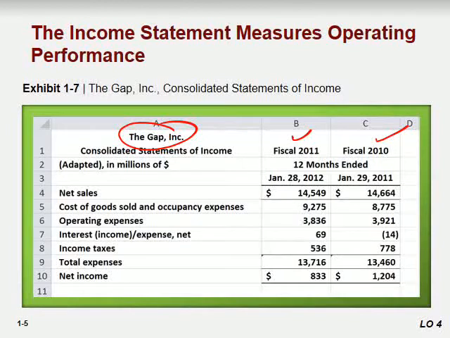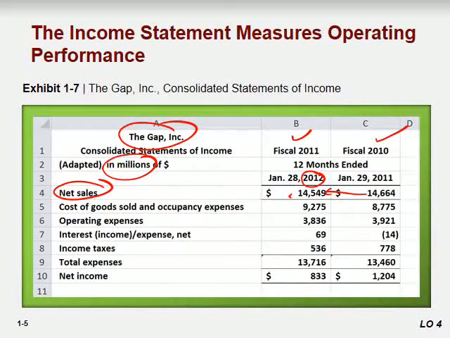So all the sales from the different segments of GAP, the net sales here, is in millions of dollars, which means $14,549 million. So did it increase or decrease? You can see that it increased, right? Sorry, decreased, because this is 2012, right?